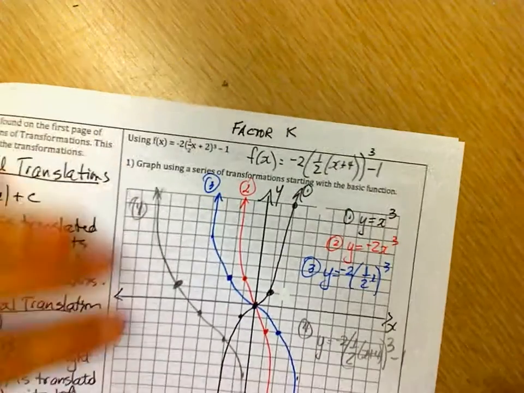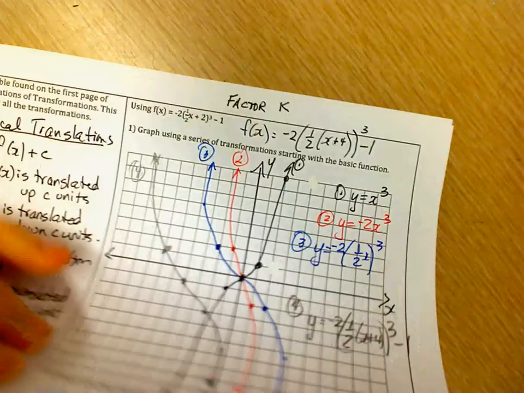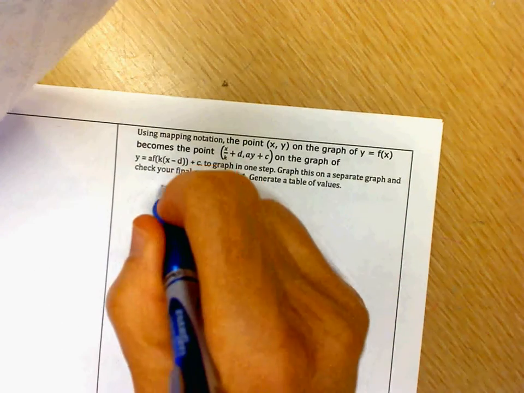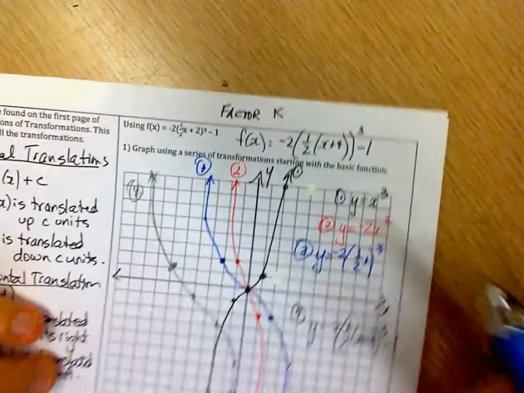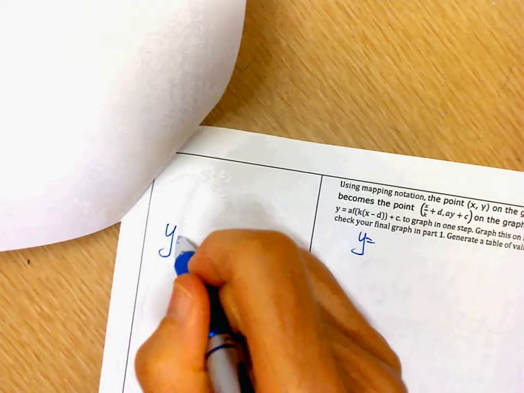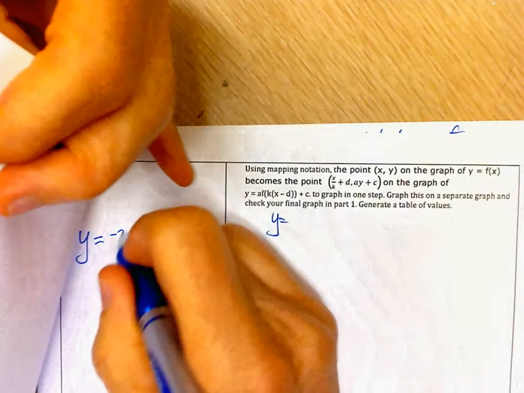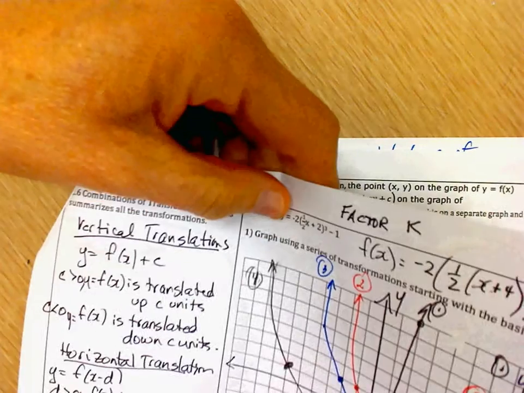Y equals, I'm going to write it over here just so we have more space. Y equals negative 2 times (1/2 x plus 4) cubed minus 1. There. Okay.